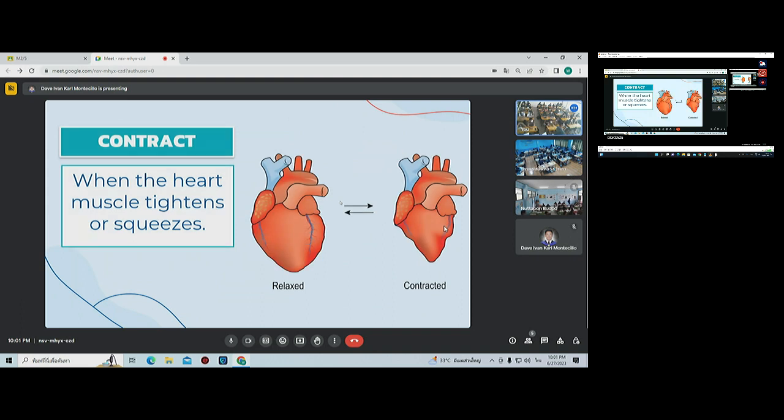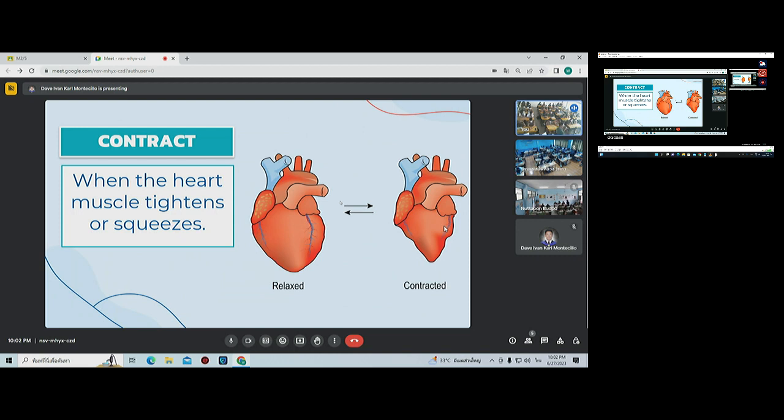Next, we have, that is? Very good. Contract. This is like a normal heart, relaxed. When your heart contracts, this is how it goes, from this to this. So that is contract.